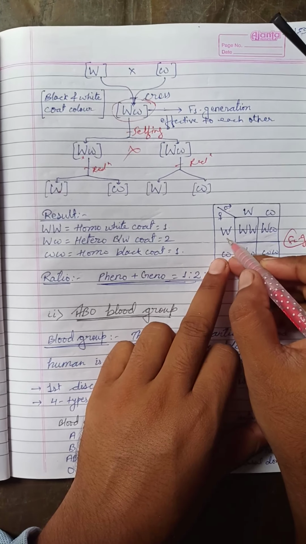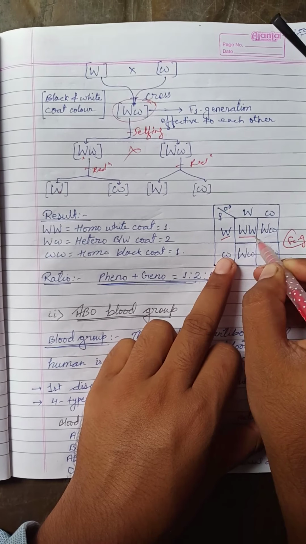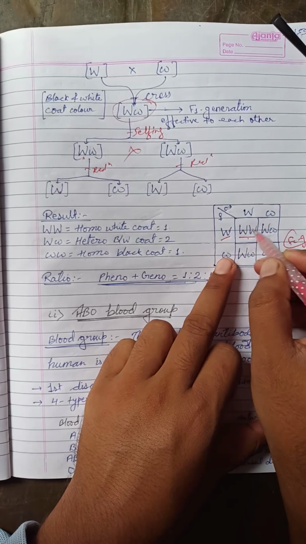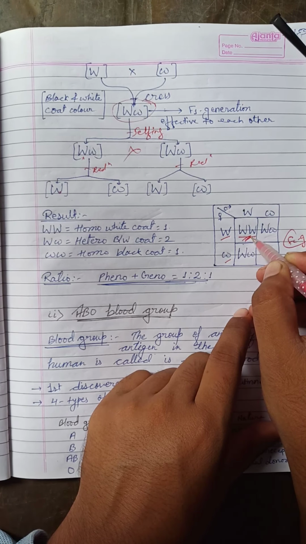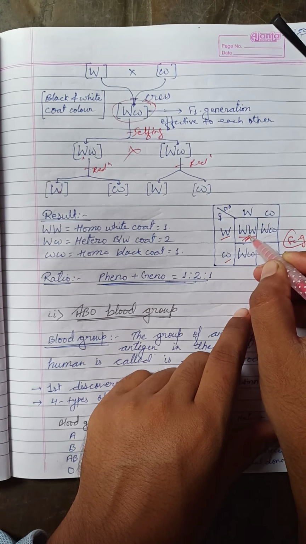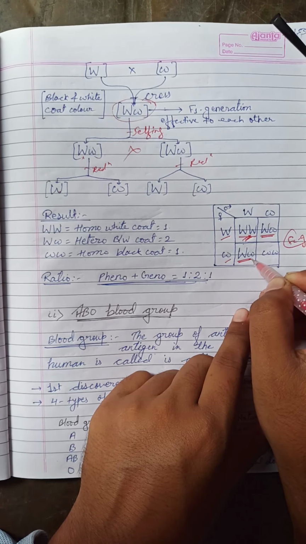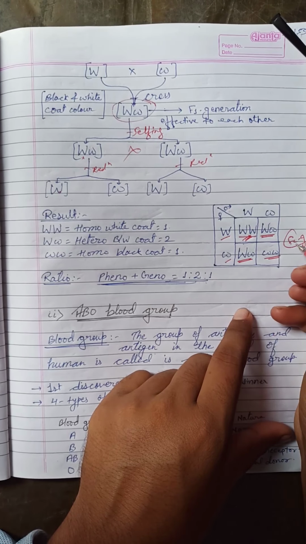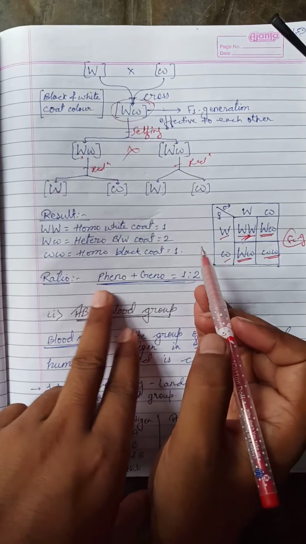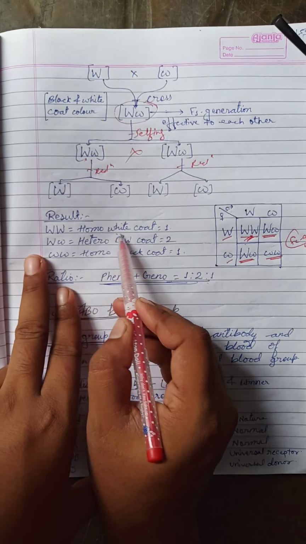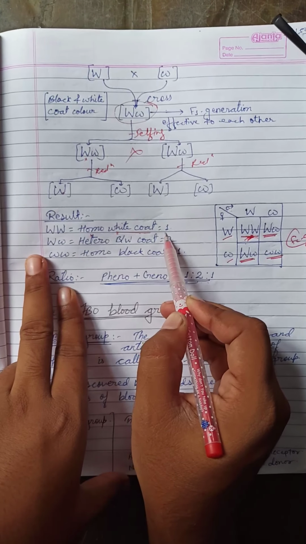It produces the capital W and small w, and capital W crossed with capital W will produce both capital W. What is the phenotypic of this condition? This is the white coat color, and this is black and white, and this is black and white also, and this is black coat color. Is it clear? That means it also shows the homozygous white color, that is 1.